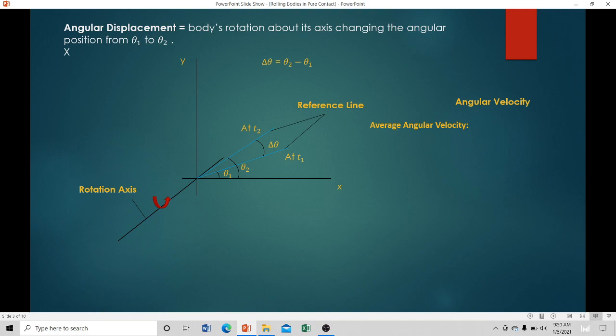But if we want the average angular velocity, we must consider the period of time.